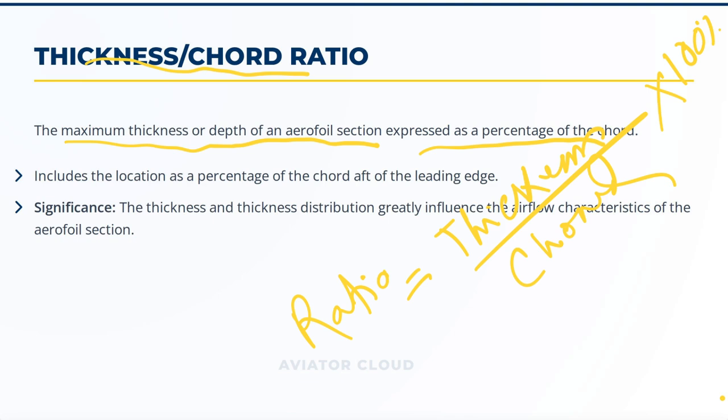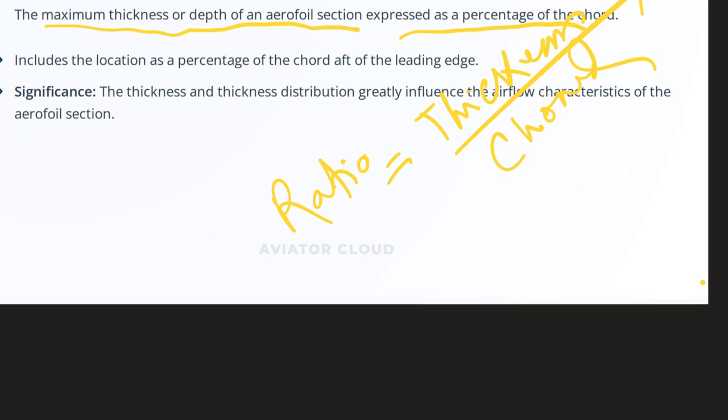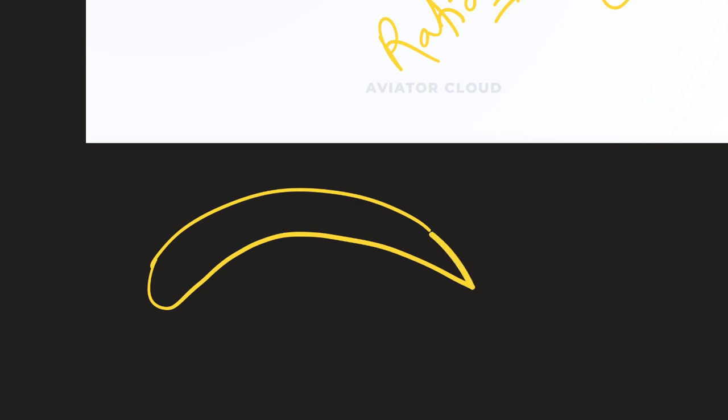So thickness is the maximum distance between the upper and lower surface. Let's say this is the wing. Where is the maximum distance between the upper and the lower surface? Let's say it looks like here is the maximum thickness, we call it T max. And where is the chord line? The chord line is here.